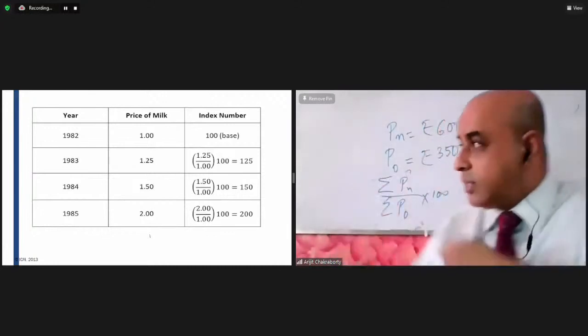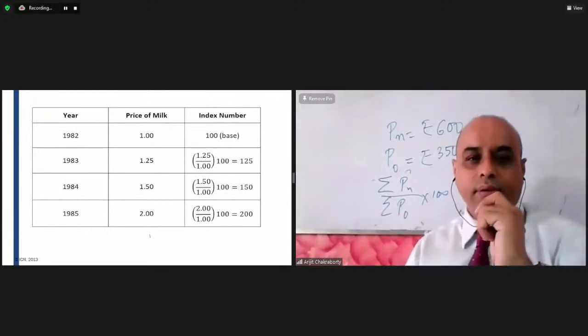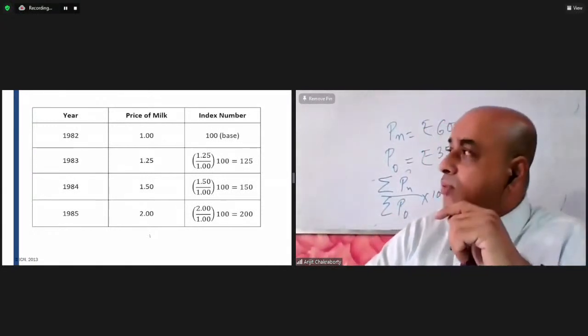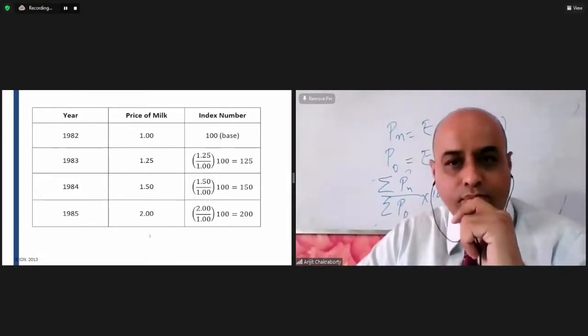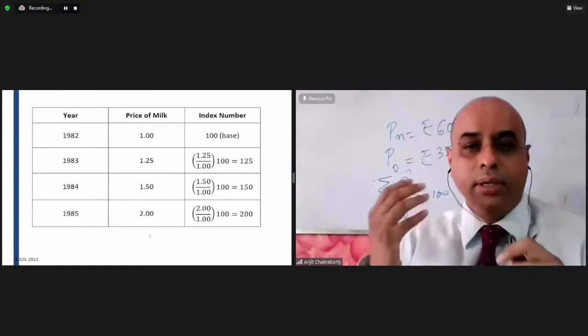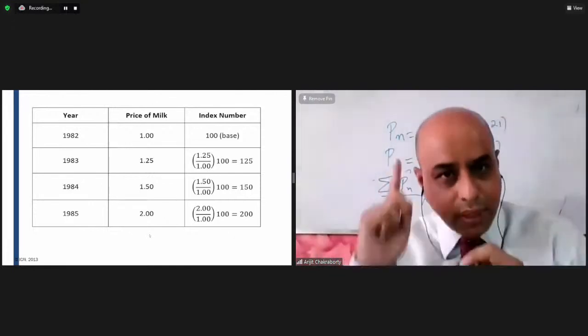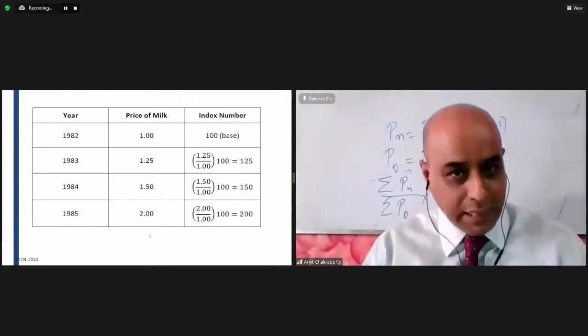For 1983, the formula is what? Pn by P0 into 100. Pn is the price of milk in 1983. So it is 1.25 divided by the base year price, which is 1 rupee, multiplied by 100, and you get 125 as the index number for 1983. But please note, this is based on only one commodity, and that is milk.